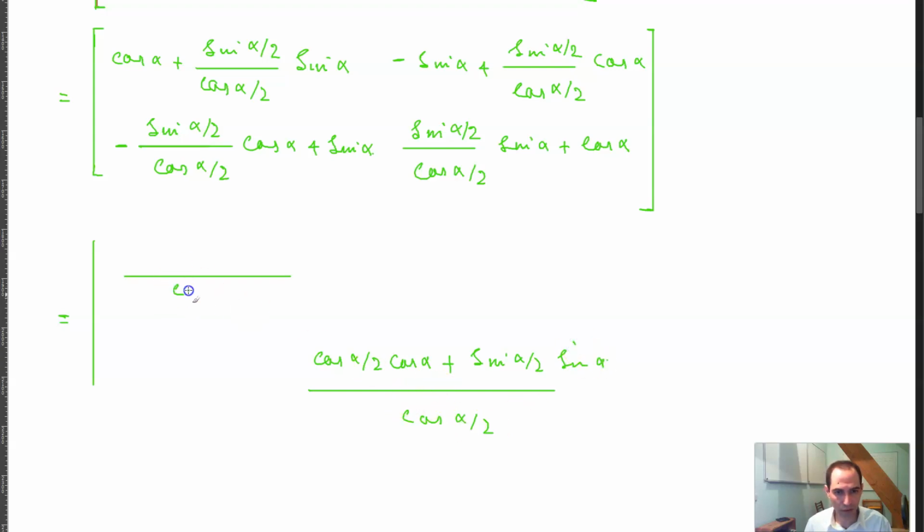So I can write this as cos of alpha by 2, and here I have cos alpha by 2 cos alpha, plus sine alpha by 2 sine alpha.